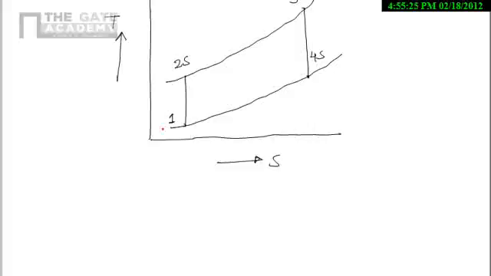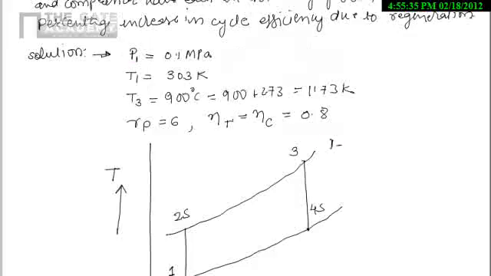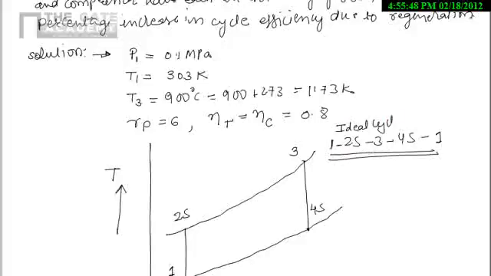This one, 1, 2s, 3, 4s, 1, is the ideal cycle without regeneration.